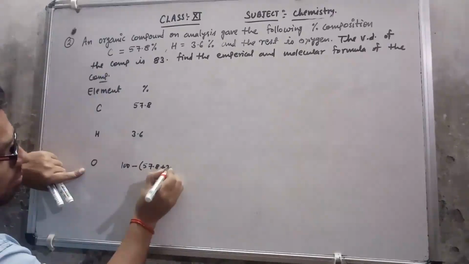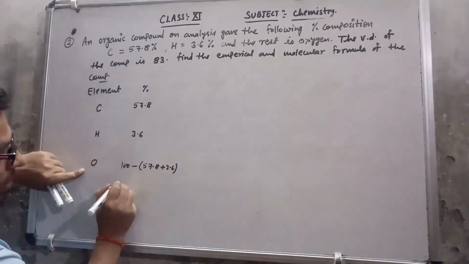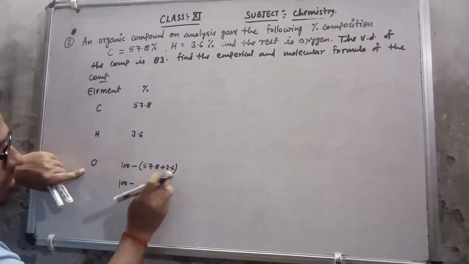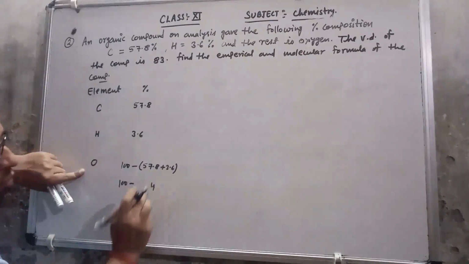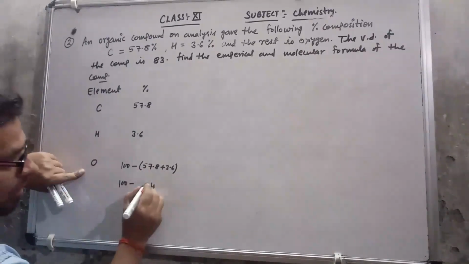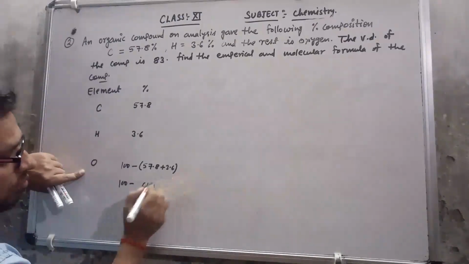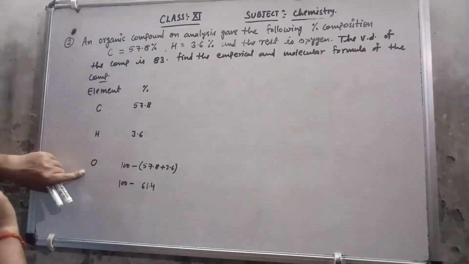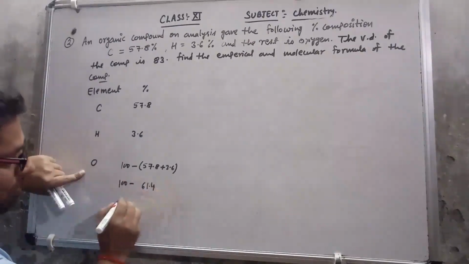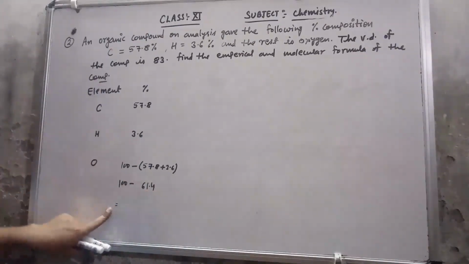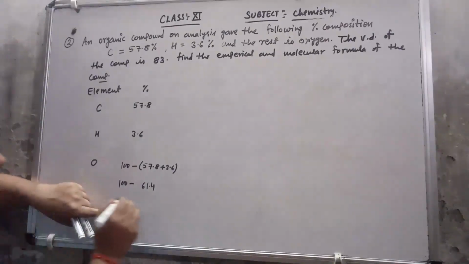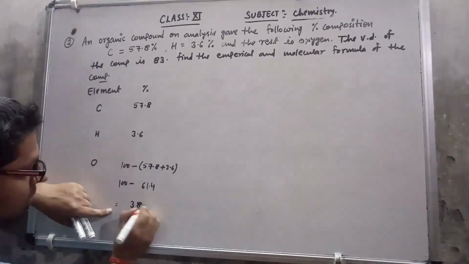57.8 plus 3.6 is 61.4. If you subtract it, 100 minus 61.4 is 38.6.